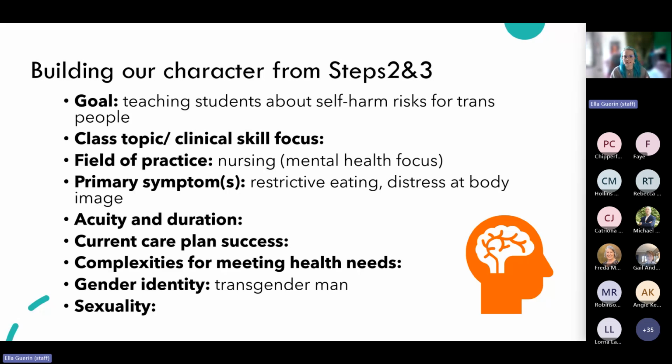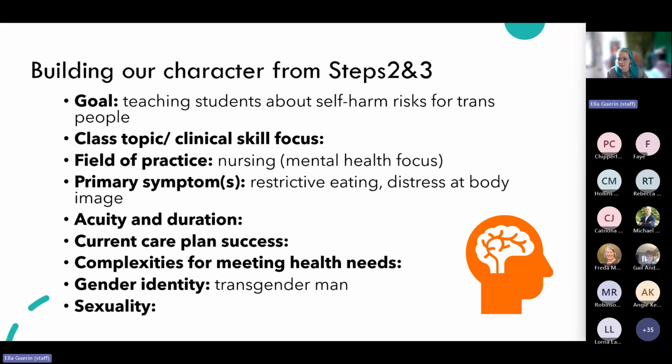And thinking about complexities. So if you can put suggestions in the chat for a sexuality for my patient as well, what's going on for this character? Possibly Diane, yes.